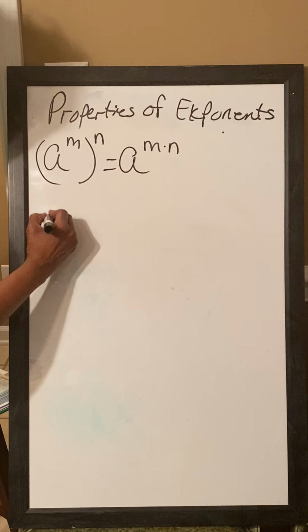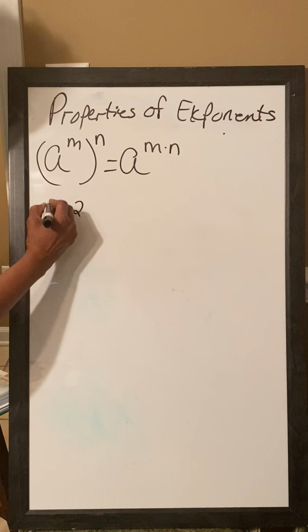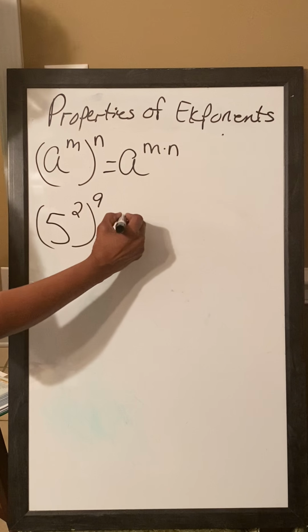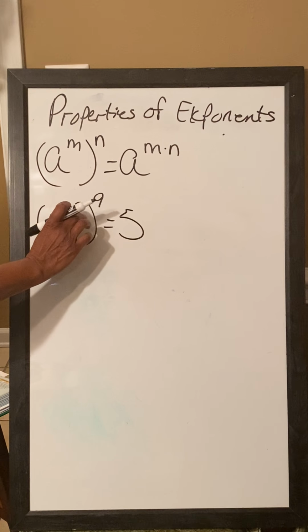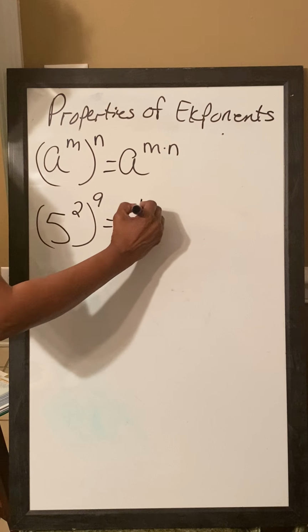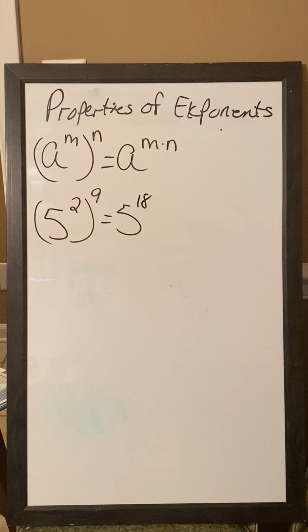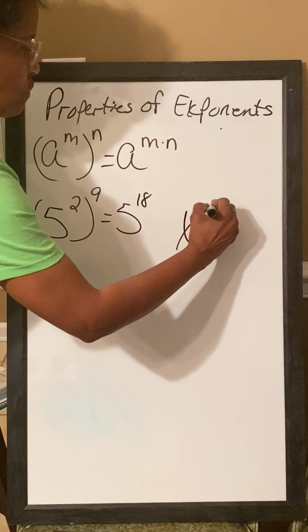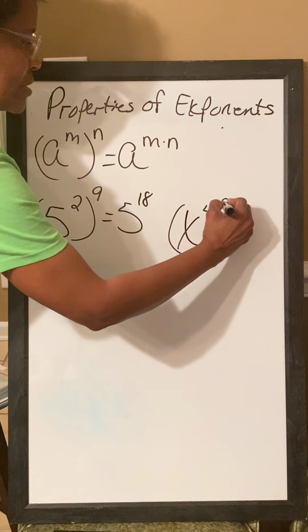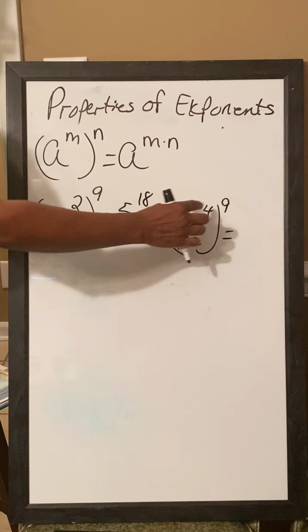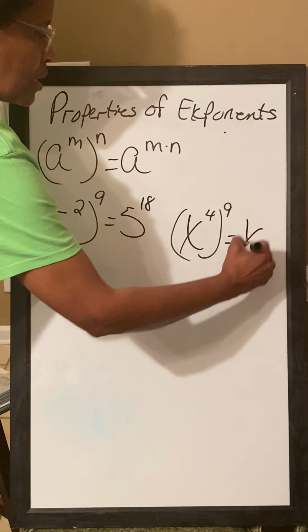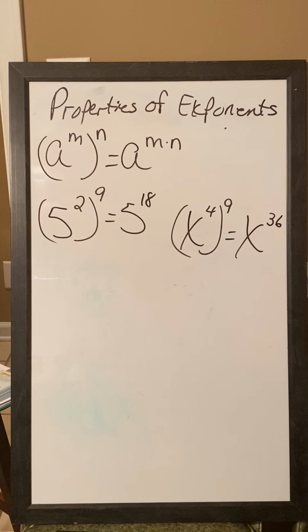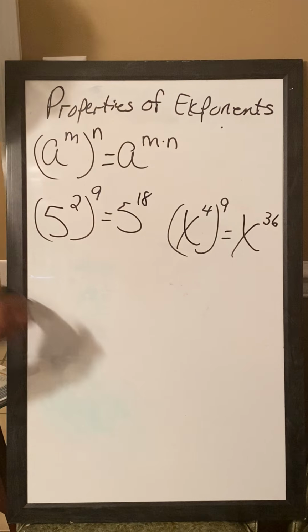So if I have 5 raised to the second and take that and raise it to the ninth, multiply the exponents, 2 times 9 gives me 18, so I get 5 to the 18th power. If I had x to the 4th raised to the ninth, multiply the exponents, I get x raised to the 36th power.